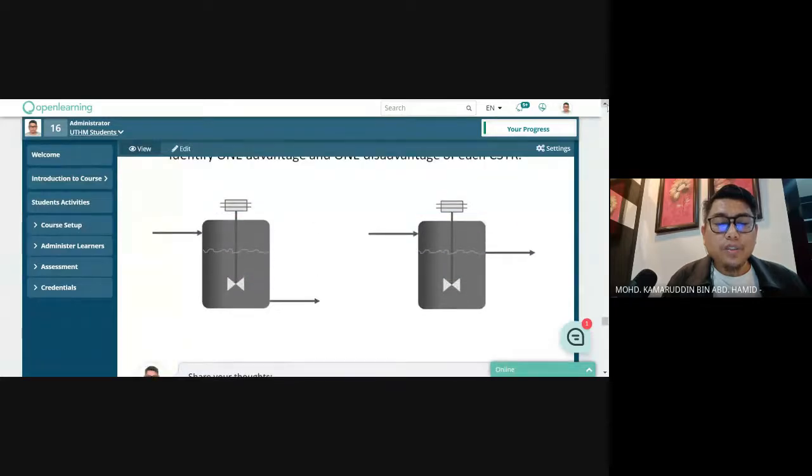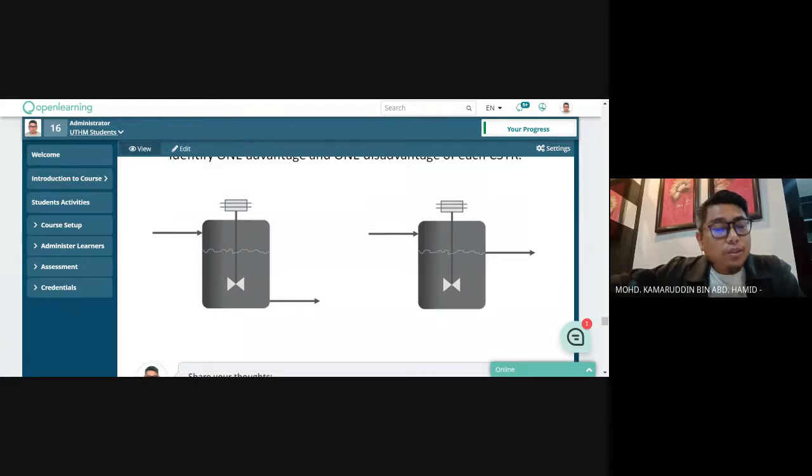So both basically you can control temperature. Whether your level is constant or not constant, the temperature can still be controlled, because you just need to put some jacket or some piping, a coil inside the reactor, the vessel, and you are able to control the temperature.